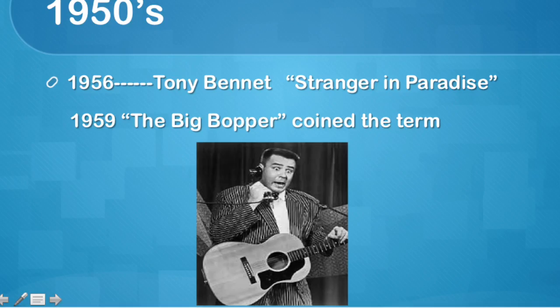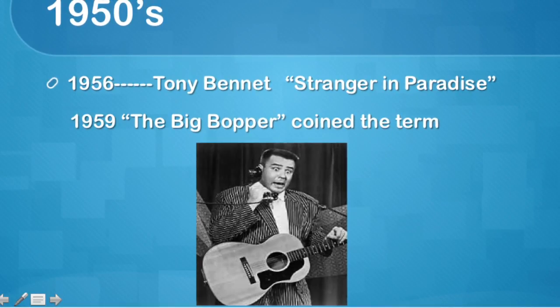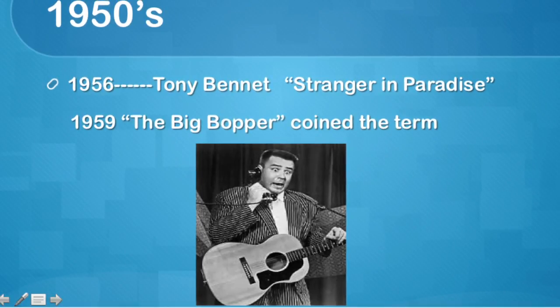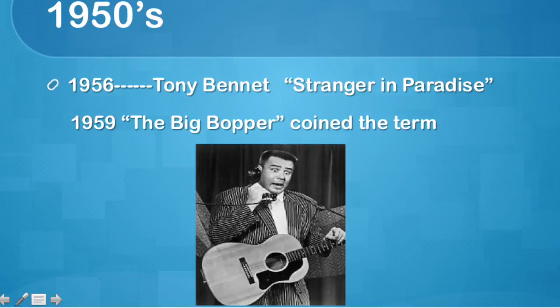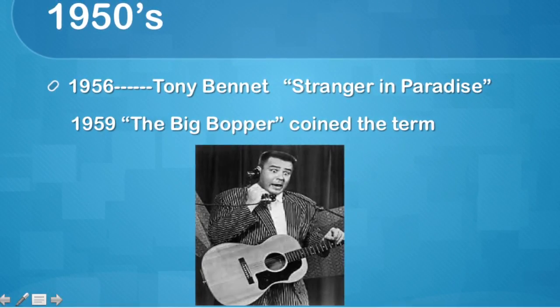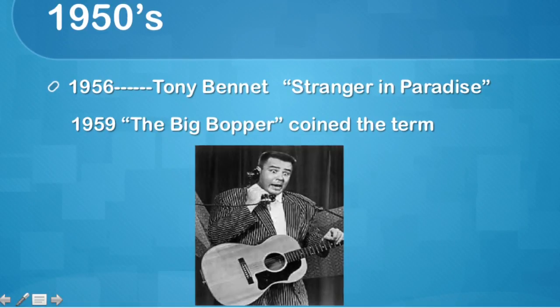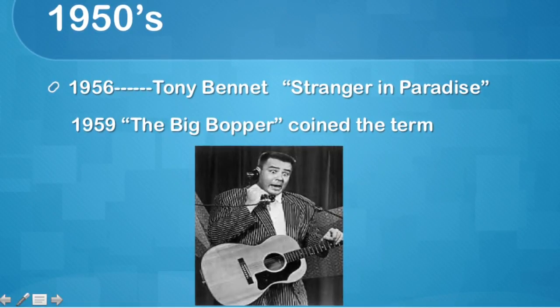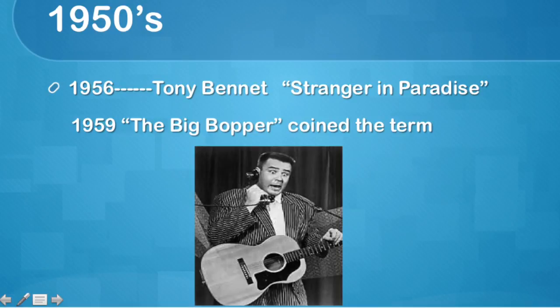In the 1950s, that's when the first time the actual term music video was used. And the Big Bopper, you see him there, he was the first person to actually coin the term. Prior to him coining that, you got Tony Bennett in 1956, and he recorded Stranger in Paradise. That's considered the first modern day music video.